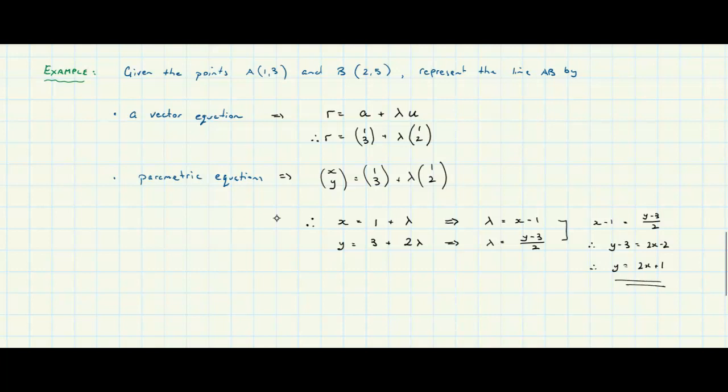So that's our Cartesian equation, and we've just gone ahead and done it. The parametric equations stopped right here. If we block this off, that would be our parametric equations. Our vector equation was right here, and we already answered part 3 of the example, the Cartesian equation, right here.